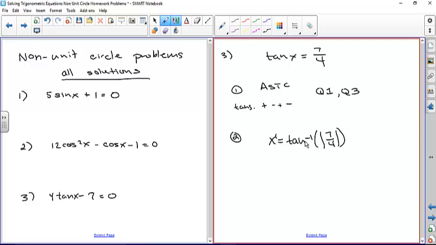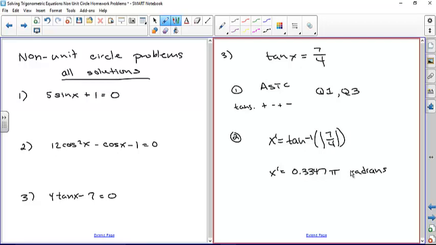So if we divide that number by pi, we'll get x prime is equal to 0.3347. Turns out that's pretty close to pi over 3, but it wasn't meant to be. 0.3347 pi radians.